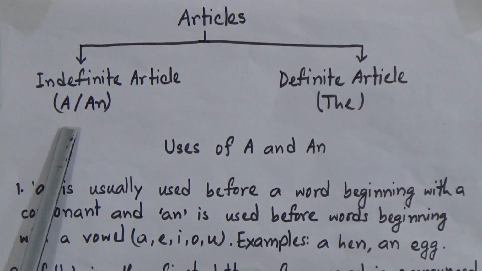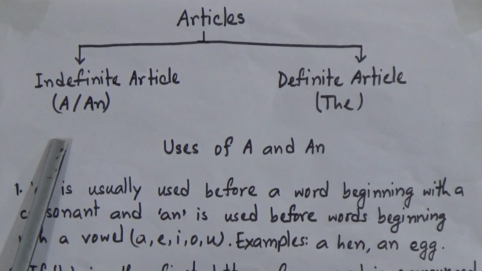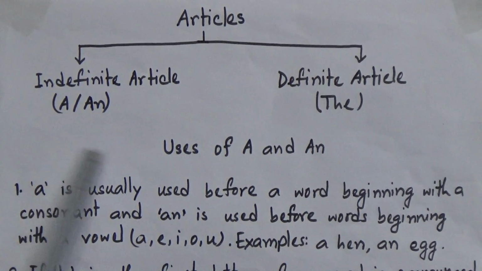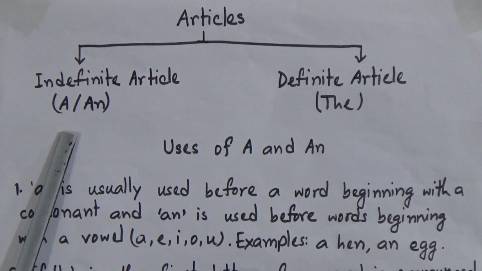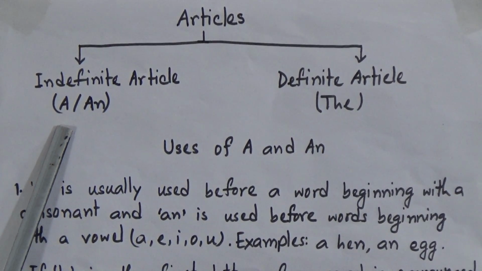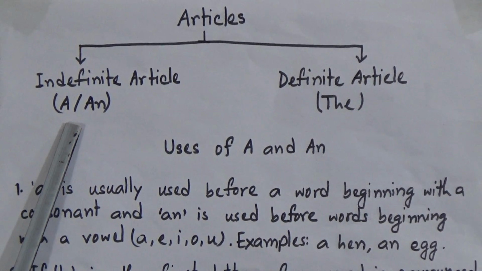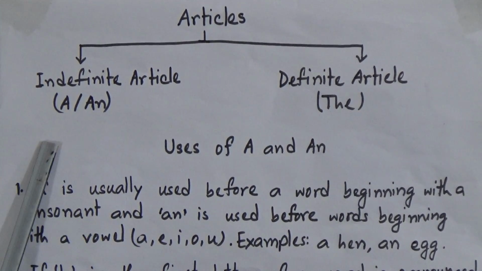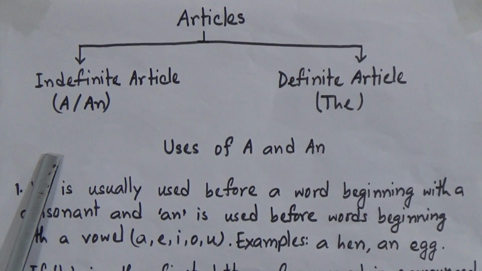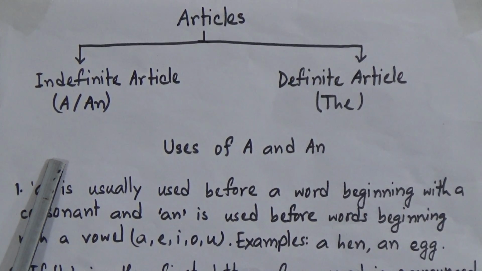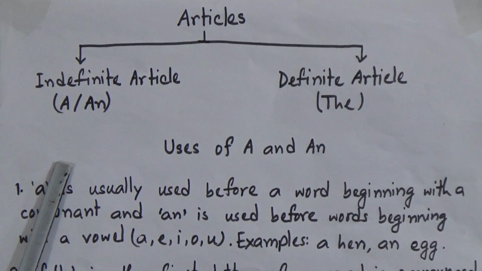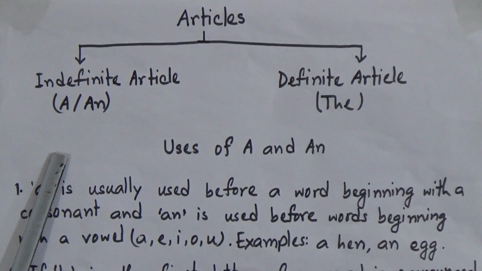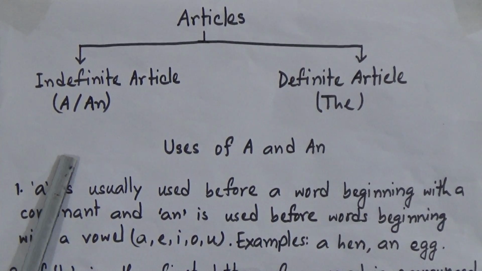A and AN are called indefinite articles because they refer to indefinite persons, things or animals. We use A or AN before singular countable nouns.